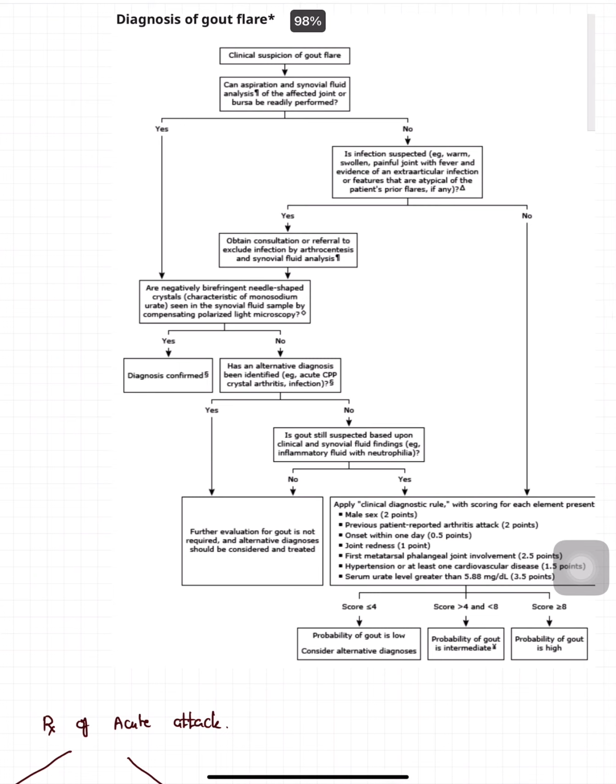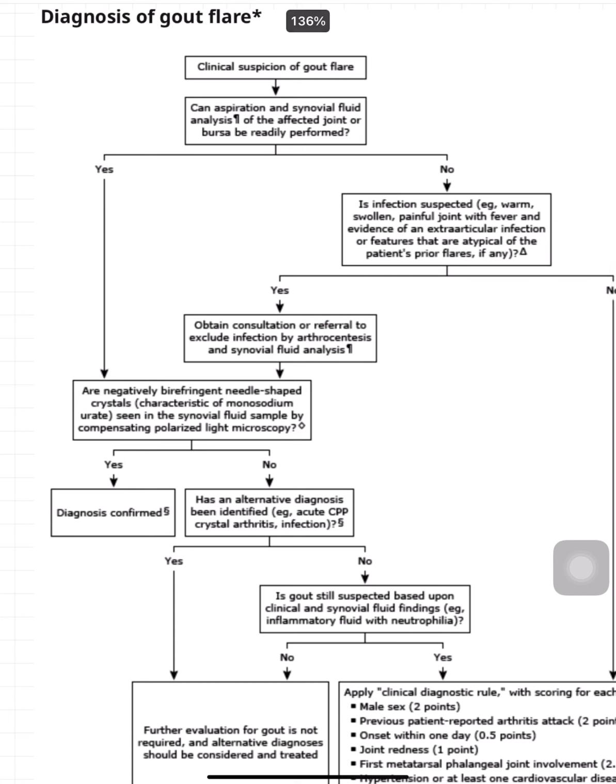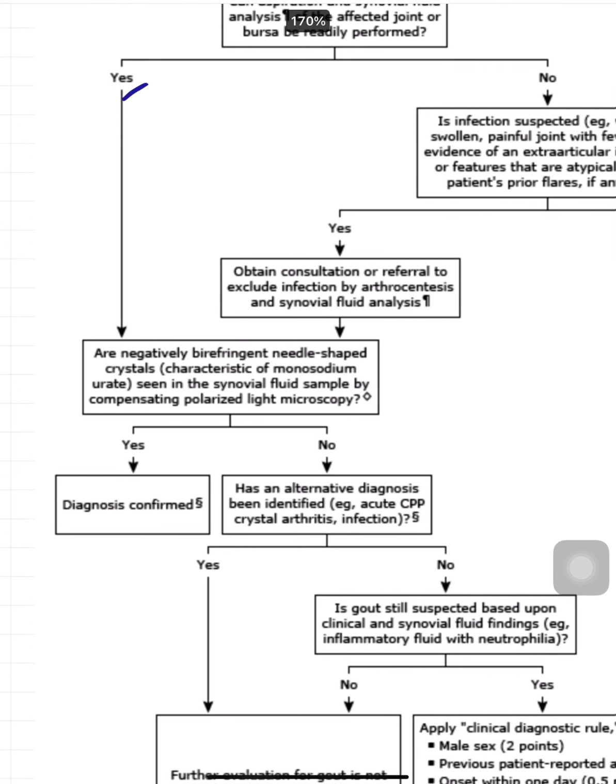This is the algorithm from UpToDate 2022 for the diagnosis of acute gout flare. If you have a clinical suspicion of a gout flare, at first we will do the joint aspiration and synovial fluid analysis, if it can be performed, and we will look for the negatively birefringent needle-shaped crystal.